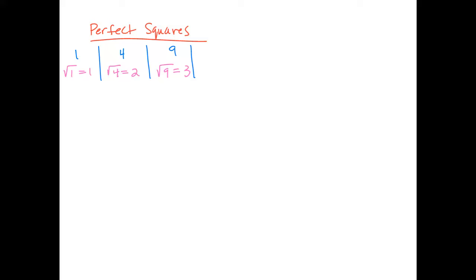What's my next perfect square? 1, 4, 9, 16, because the square root of 16 is 4. And then we have 25. The square root of 25 is 5. We have 36. Square root of 36 is 6.